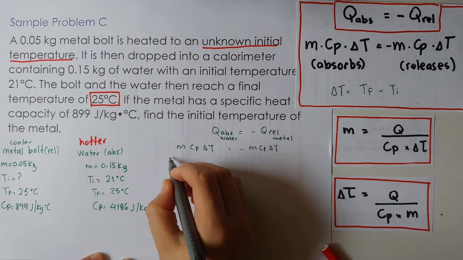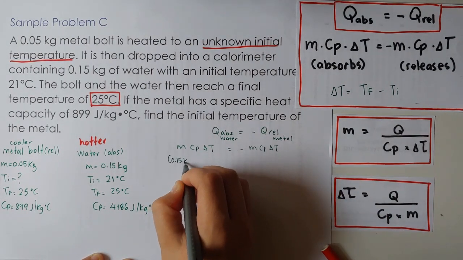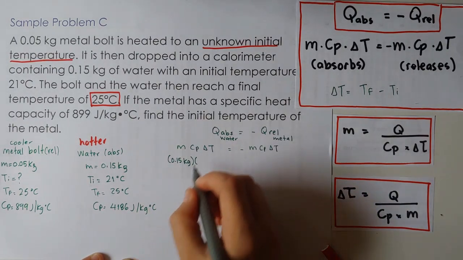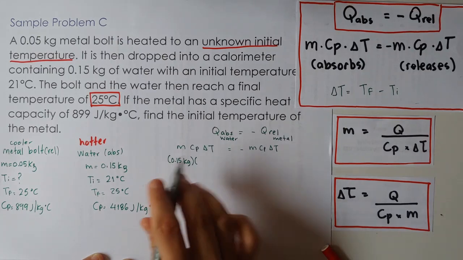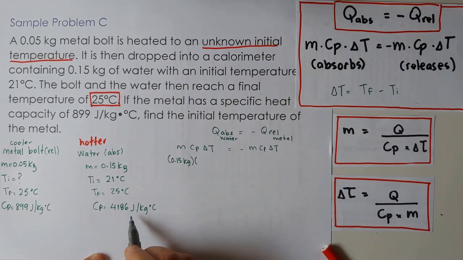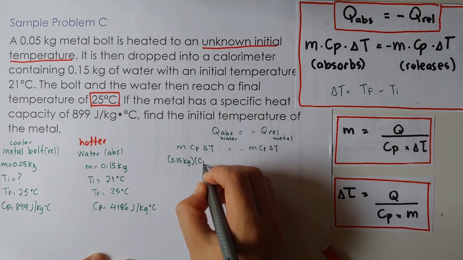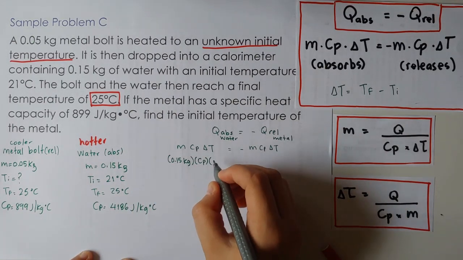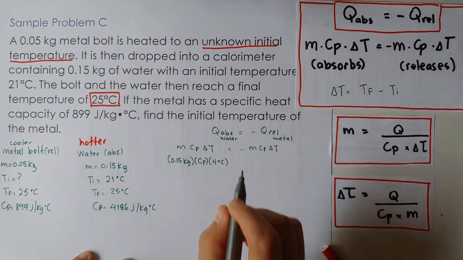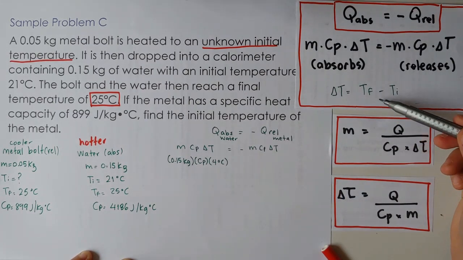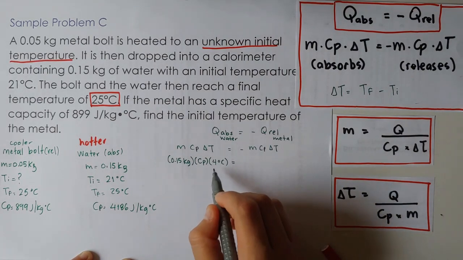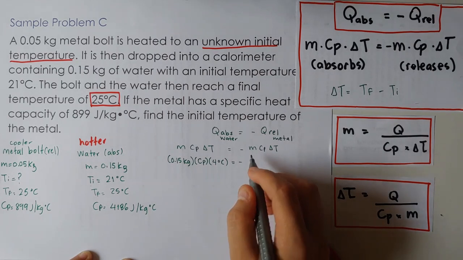Mass of water 0.15 kilogram. I'm not going to write the Cp because of the space, but you know that it is 4186. And delta T is final minus initial, so you're gonna have 4 degrees Celsius. Remember, delta T, final minus initial temperature. 25 minus 21 is 4, positive.